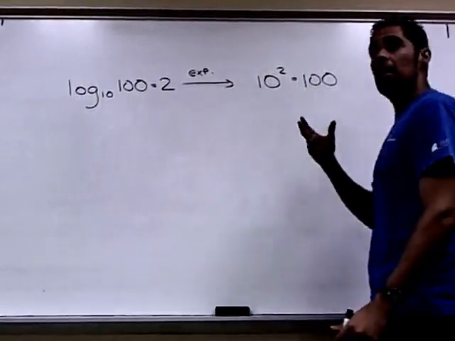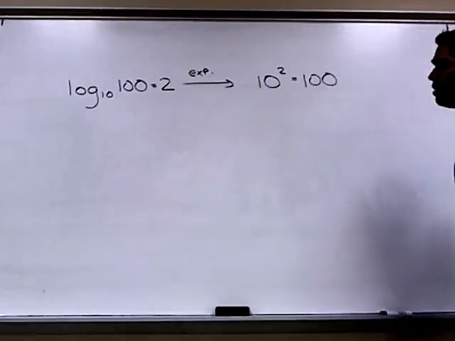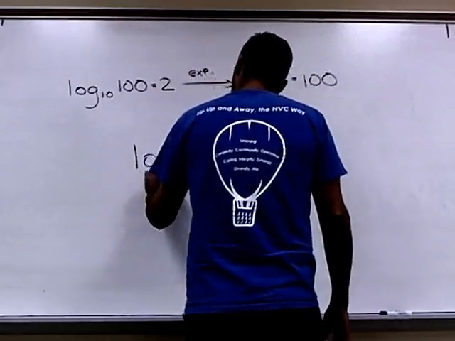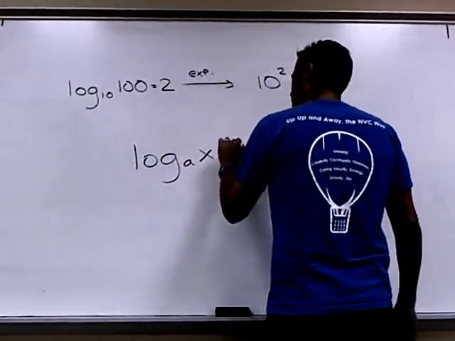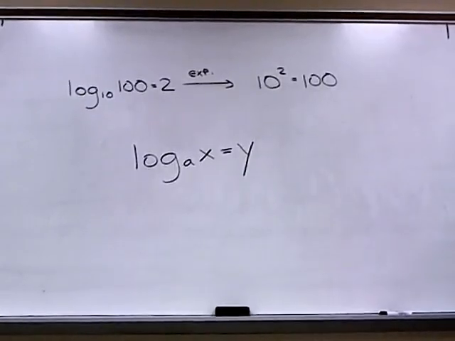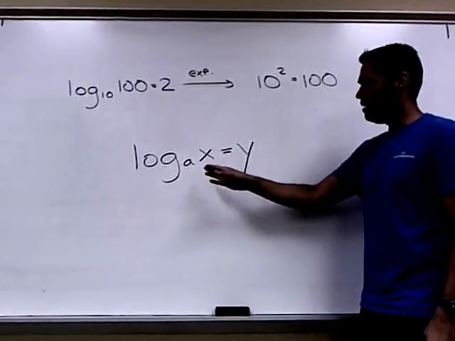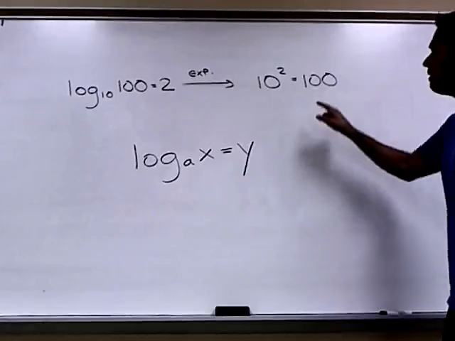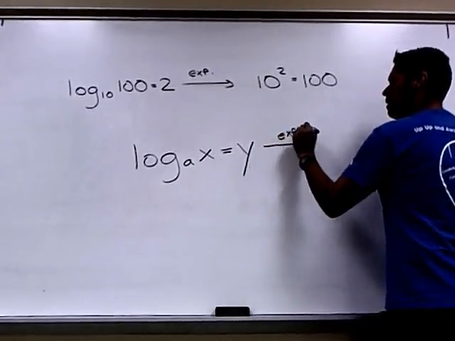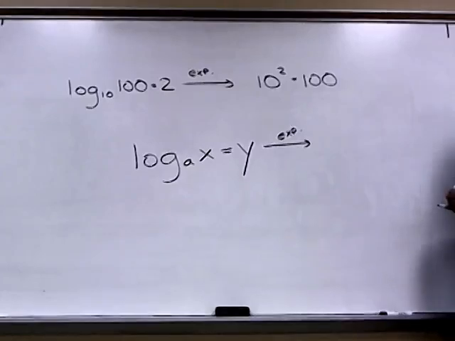Now we have to be very comfortable converting back and forth from exponential to log and vice versa. So I have a way that I like to show my students, a way to remember how to convert logs to exponentials. If you're given a log, here this would be log base what? Base A. If you're given this equation, to convert it over to exponential, I will use what I like to call the loop. Okay? The loop.